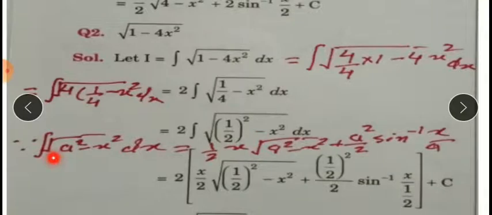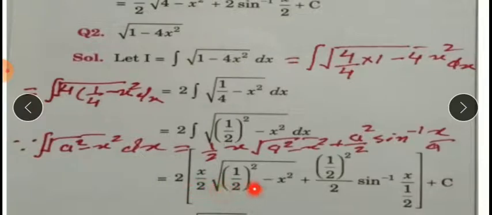Using this formula, integration square root a square minus x square is equal to x by 2 root a square minus x square plus a square by 2 sin inverse x upon a, here multiplied by 2.